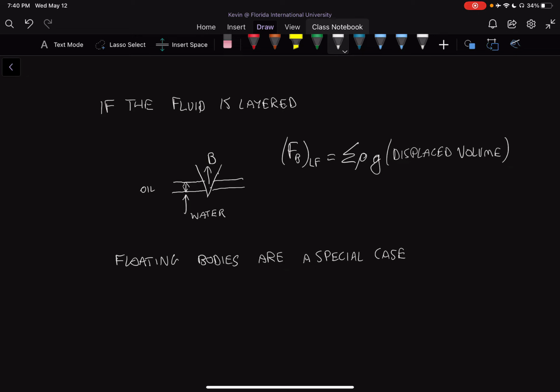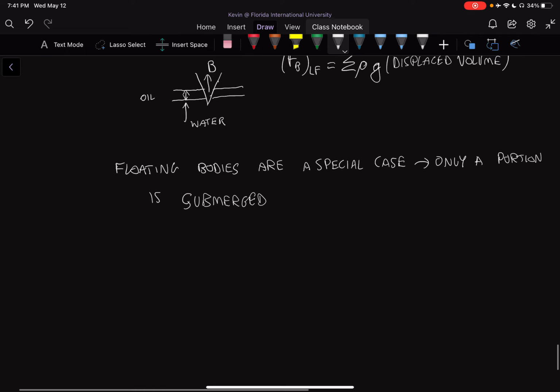The reason is that only a portion is submerged. An example of a floating body would be a ball type system, and you would have to separate the system into two pieces.